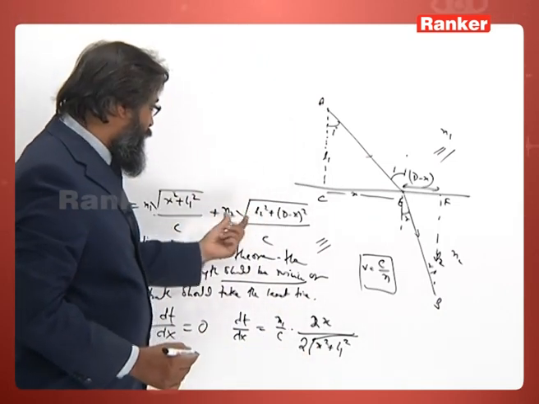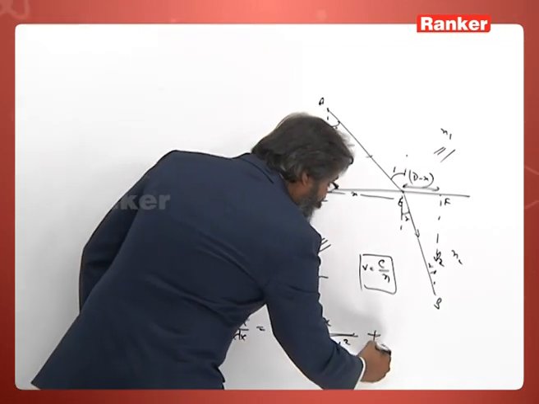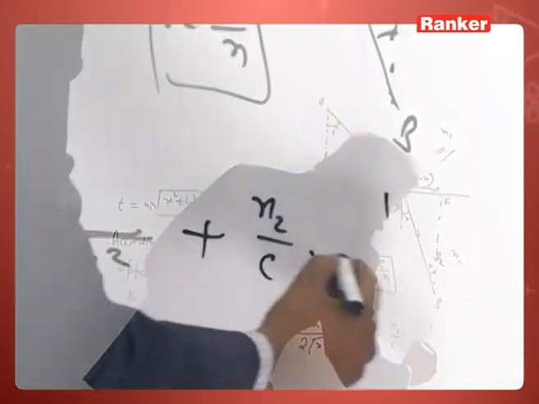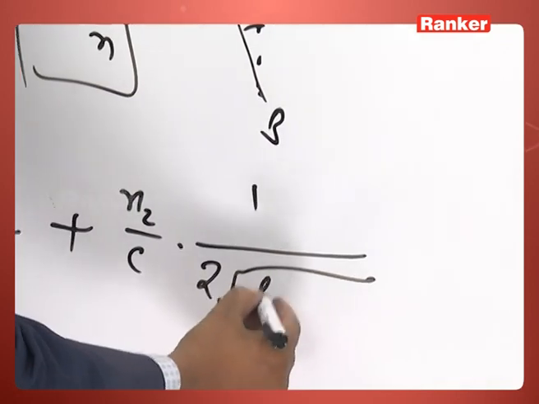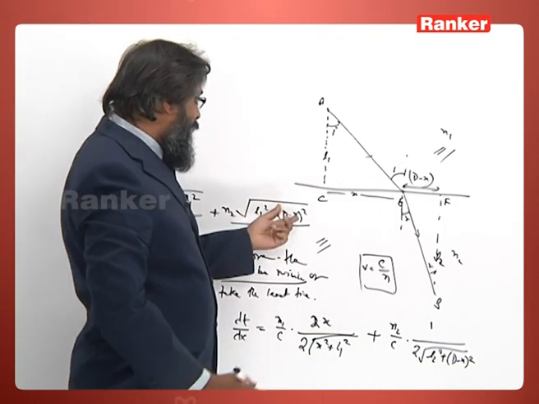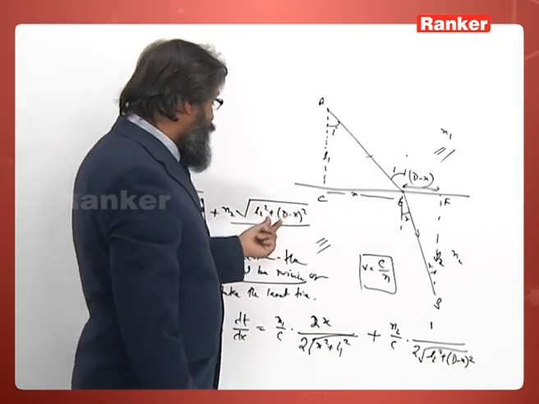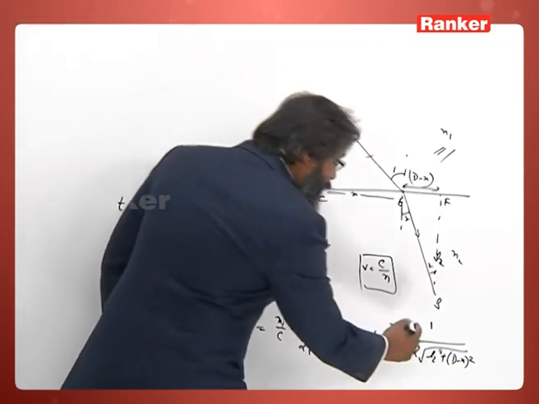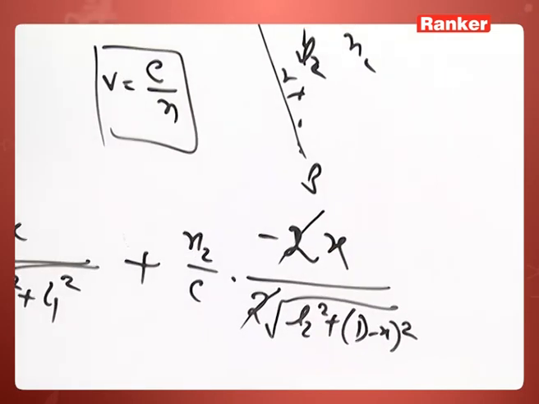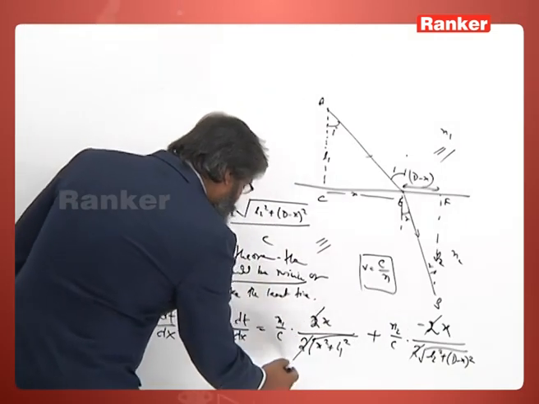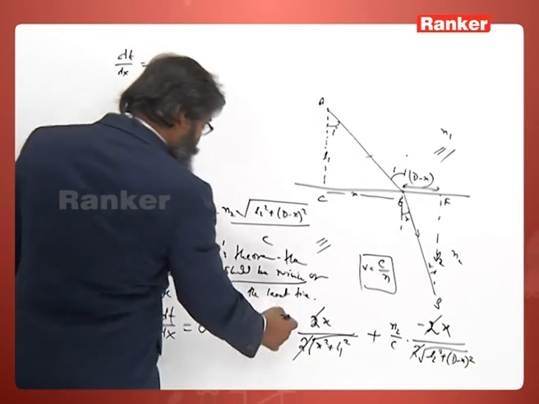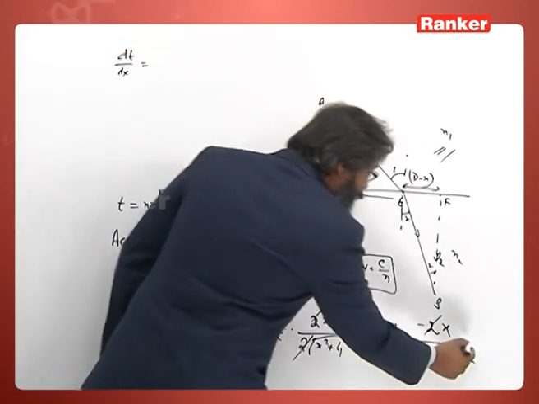Next, the differentiation of this term, where L2 is constant: plus n2 by c times the differentiation of the root function, 1 by 2 root over L2 square plus d minus x whole square, and the differentiation of d minus x whole square gives 2 times d minus x times minus 1. You see here the 2 cancels out.